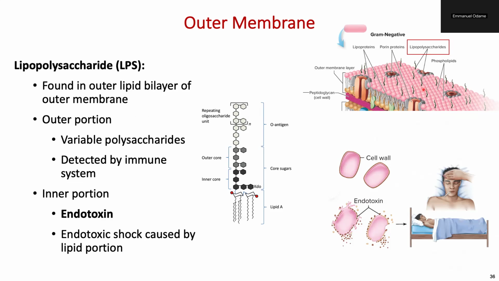It is basically a variation of polysaccharides, and they are detected by the immune system. They also have an inner portion, which is the endotoxin. The endotoxin causes endotoxic shock. When the bacteria get into your body, they deliver this shock, and as you can see, someone is sick and experiencing the endotoxin when the bacteria infected them.